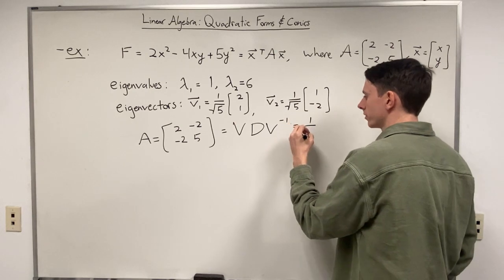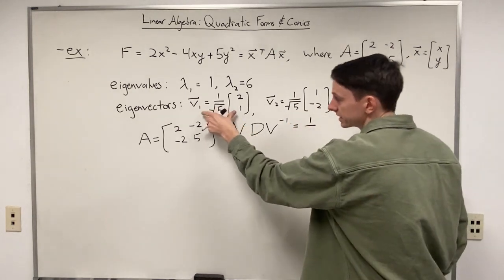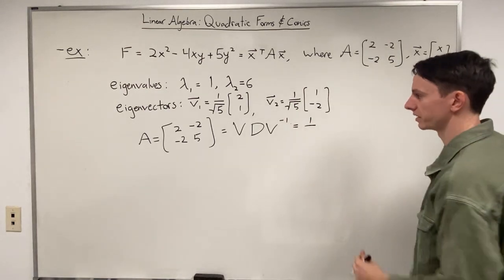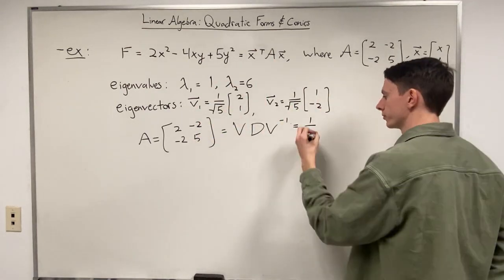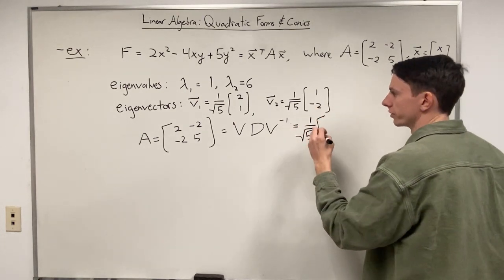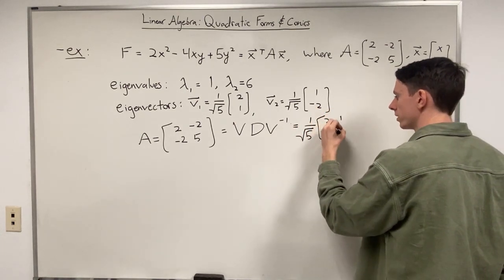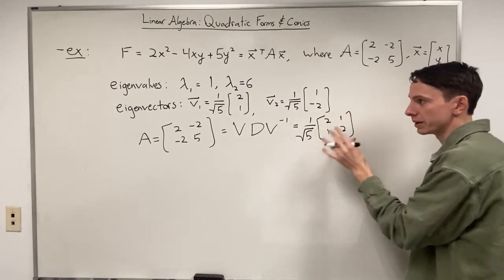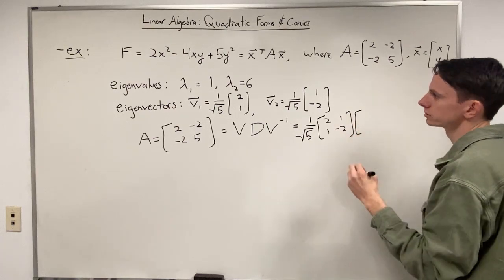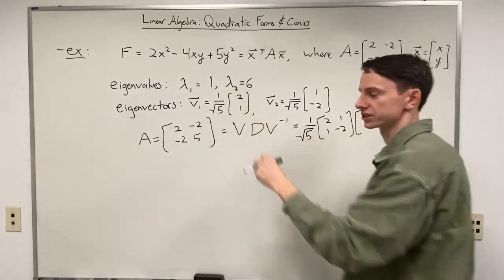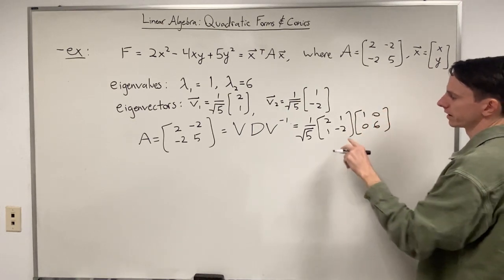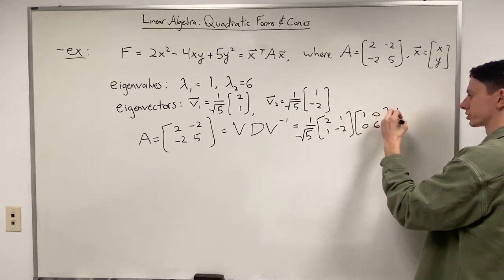I'm going to pull out the 1 over root 5 factor out front because that's constant among both of them. So this, and then 2, 1, 1, -2. That's my matrix V. Then D is the diagonal matrix with 1 and 6 on the main diagonal, so 1, 0, 0, 6. And then finally just the inverse of this matrix right here.